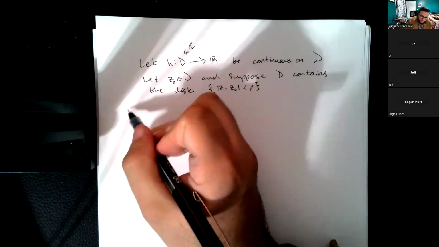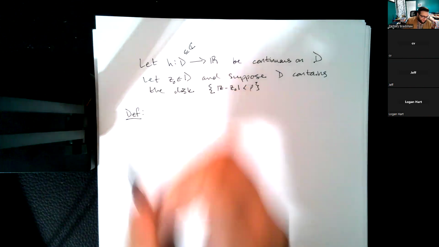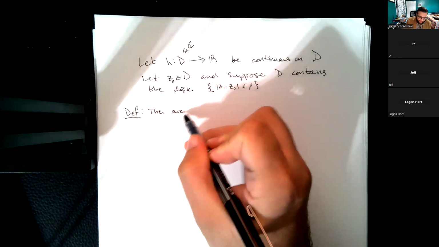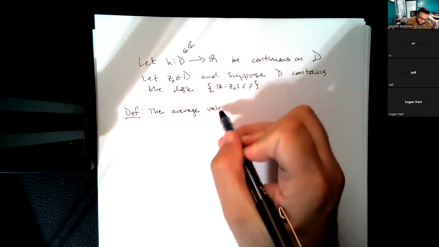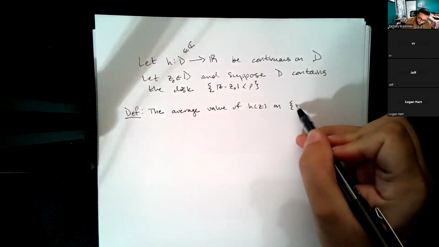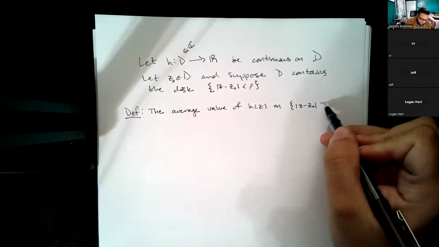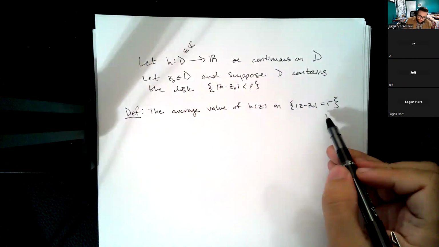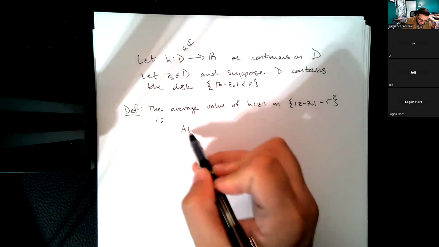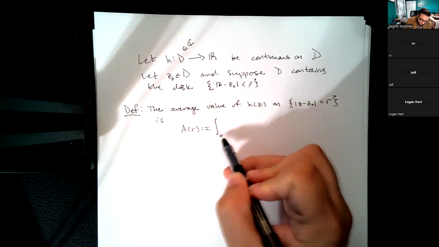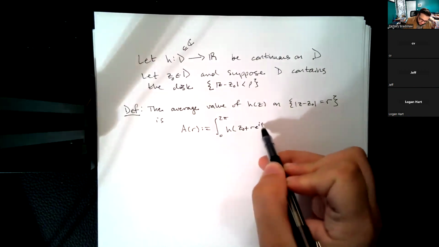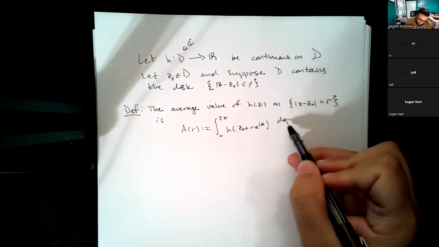Okay, so I'm going to state this as a definition, but this definition should be justified by your intuition, and I'll explain in a second. The average value of this function on |z - z0| = r, so this is a circle, is just the integral from 0 to 2 pi of h of z0 plus r e to the i theta, d theta over 2 pi.